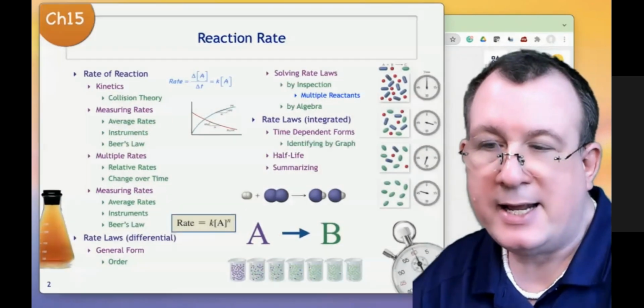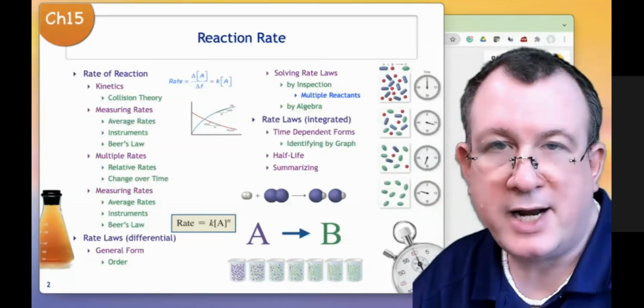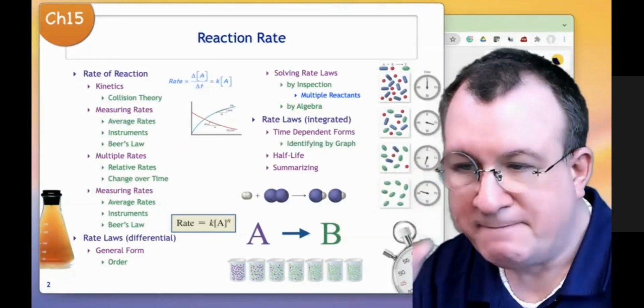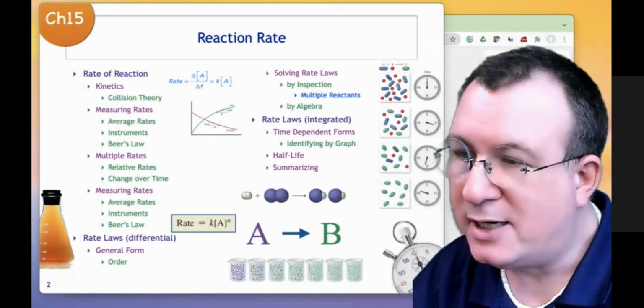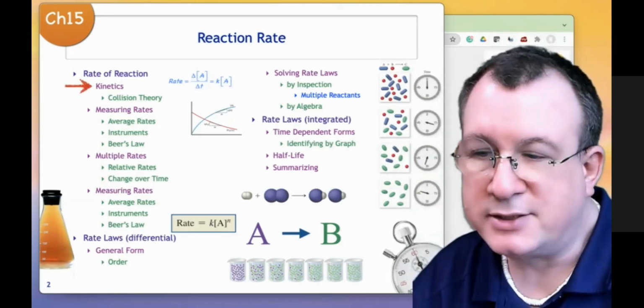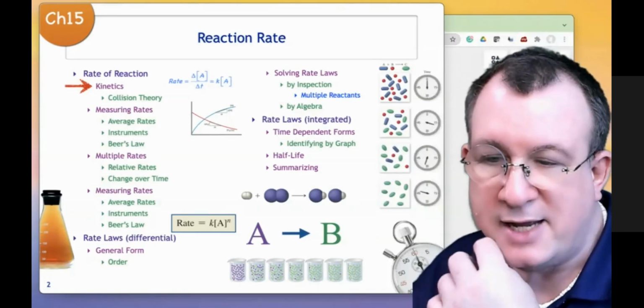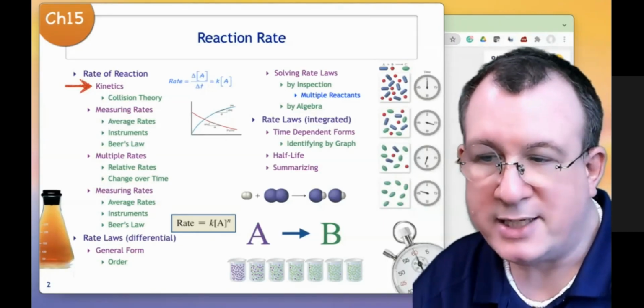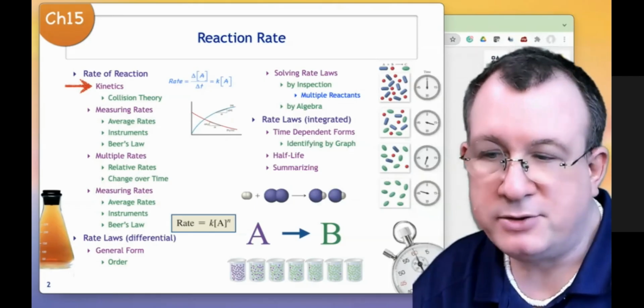Now, if we're talking about the rates of reaction, we're talking about a sub-discipline of chemistry called kinetics. Kinetics is basically how fast the reaction is going to go. We're going to dive into what kinetics is, how we measure the rates of reaction.